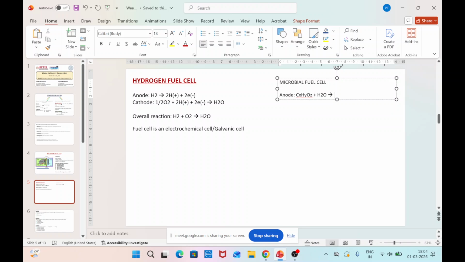So microbes are also present. The microbes feed on this organic matter in the anode compartment to generate CO2 plus H plus plus electrons.